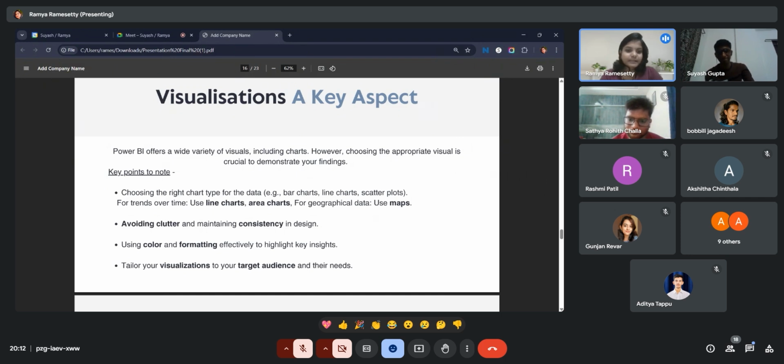And the fourth one is tailoring your visualizations to your target audience and their needs. Here the target audience is the end users who are going to use this dashboard. In our case, if we take the RPC6 project, the target audience is the marketing team.